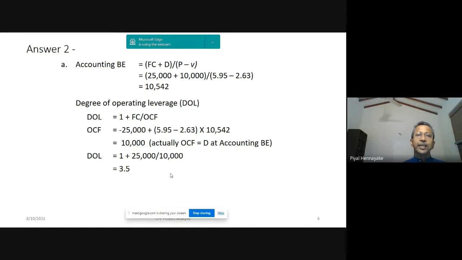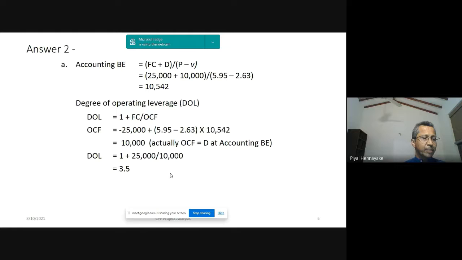Right. What is accounting break even? That is the number of units when net income is zero. So number of units to be sold when net income is zero is accounting break even. So what happens at accounting break even?